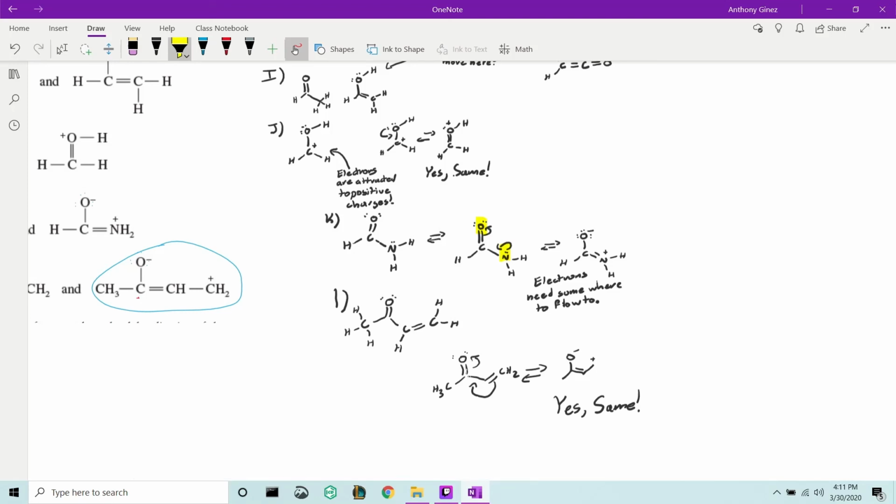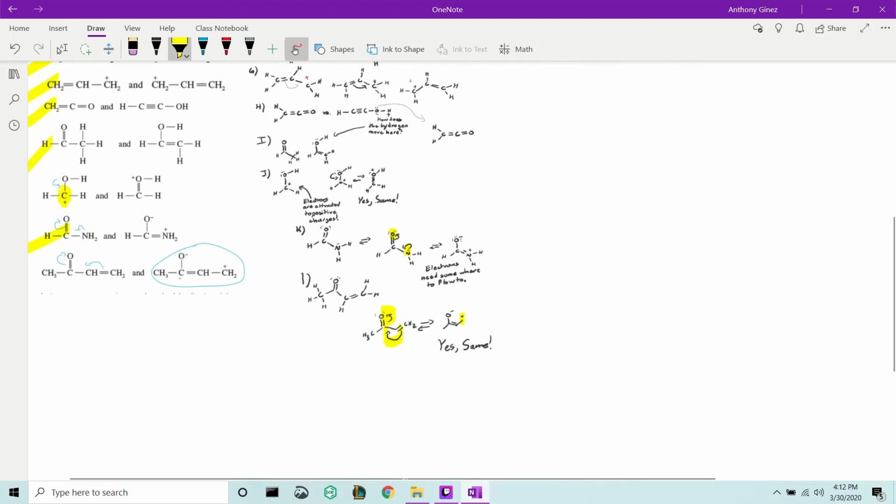The electrons can move from this double bond over into this oxygen, and from this double bond over into this, to form this new double bond, which leaves behind a positive charge on the carbon where the double bond was once attached. So yes, it would be the same structure. It would be a resonance form of that structure.